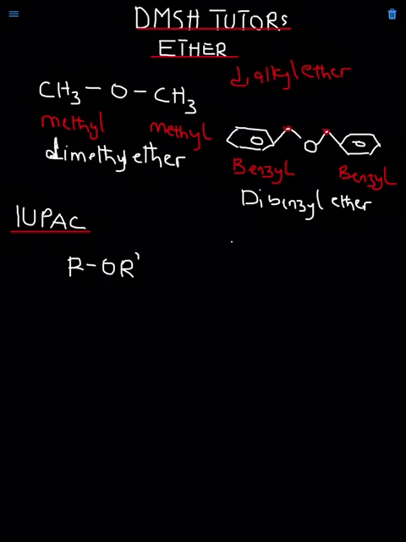By the way, when we write OR or RO anyhow, it means alkoxy. When it has a charge, it is called alkoxide.